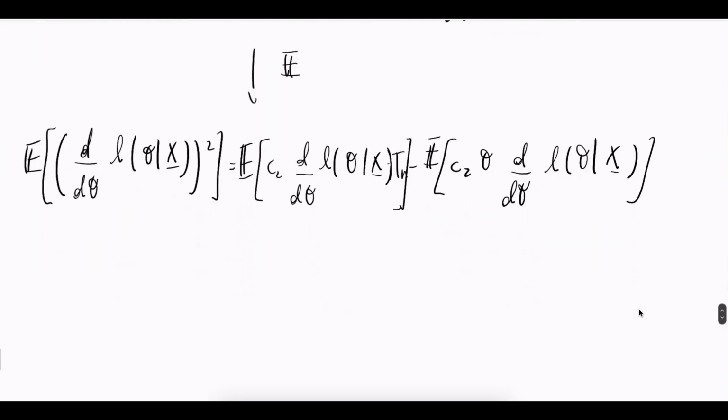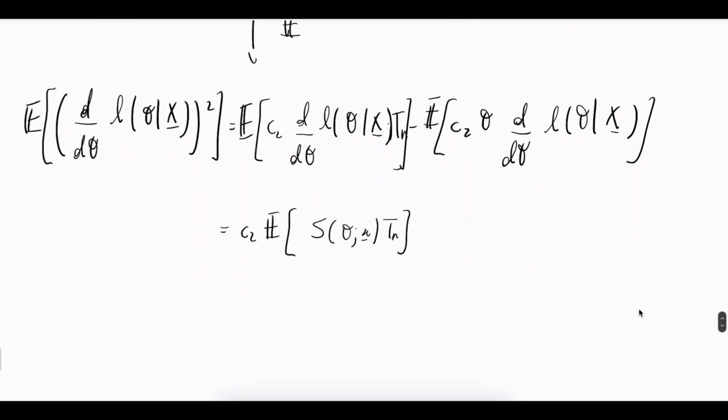Perfect. So what have we got here? So this is C2, the expectation of the square function minus C2 theta, the expectation of the square function. Perfect.